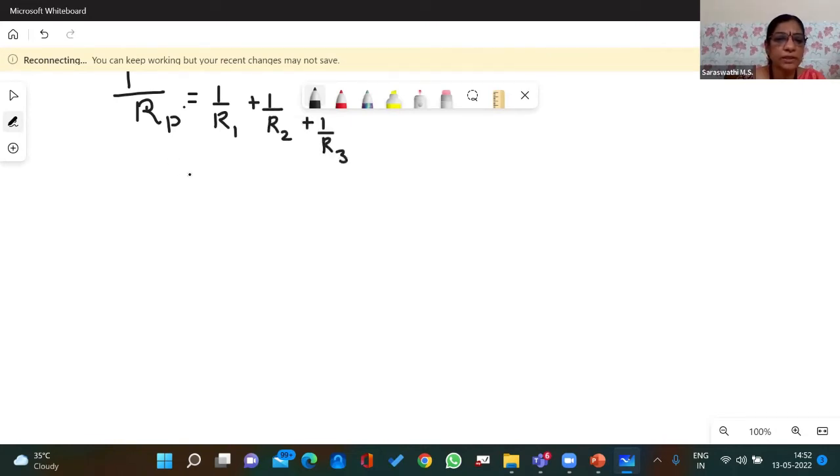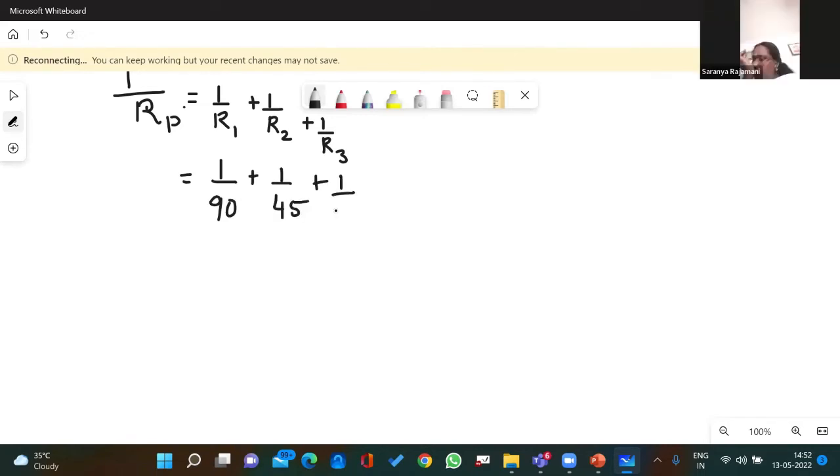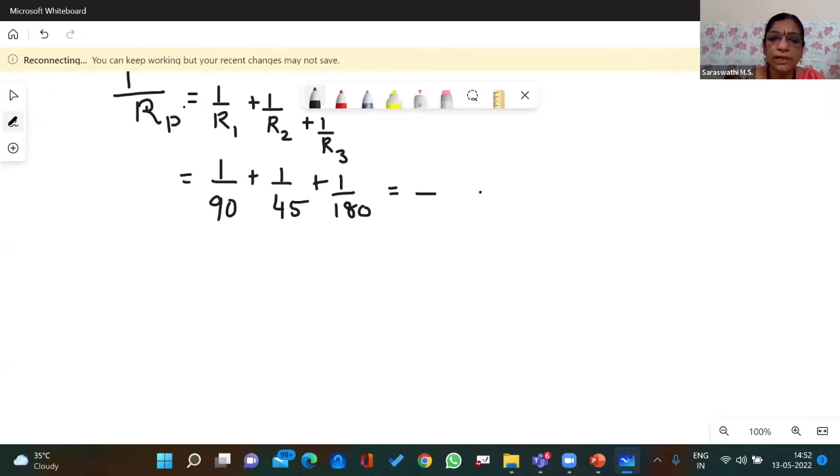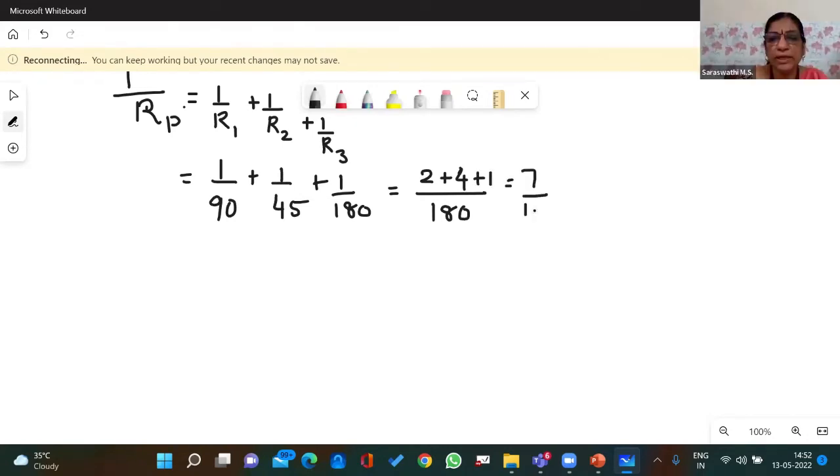So what is this going to be? 1 by 90, 1 by 45, plus 1 by 180. What is the LCM? 180. So 2 plus 4 plus 1 will be 7 by 180, or Rp will be equal to 180 by 7, right?